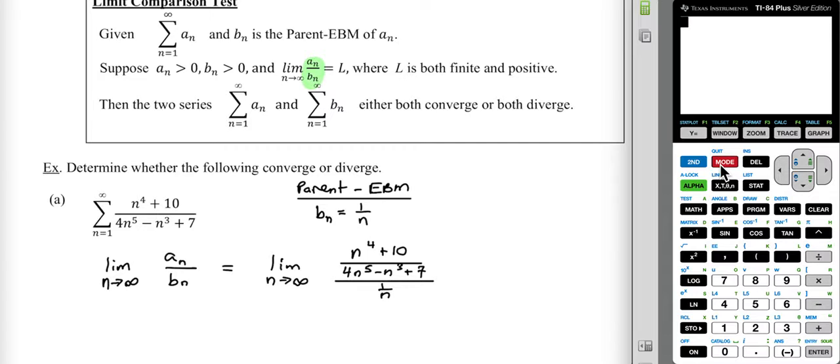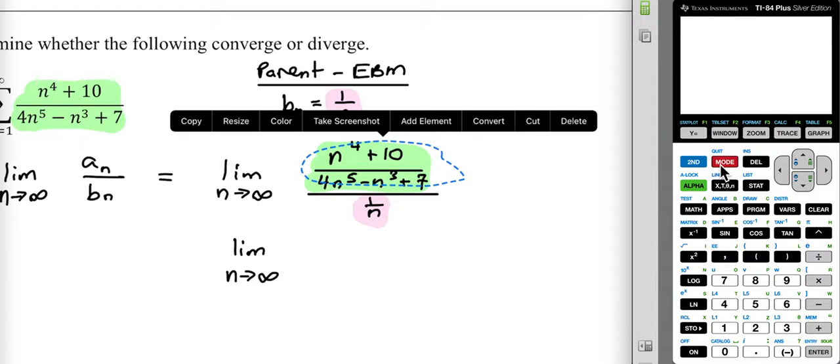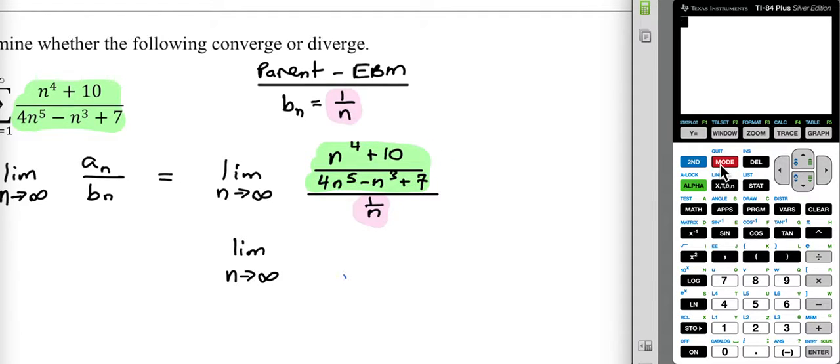All right, the top fraction being the a sub n, and the bottom fraction being the b sub n. All right, so a little keep change flip action. We're going to have the limit as n approaches infinity. We're taking this and multiplying it by n over 1.